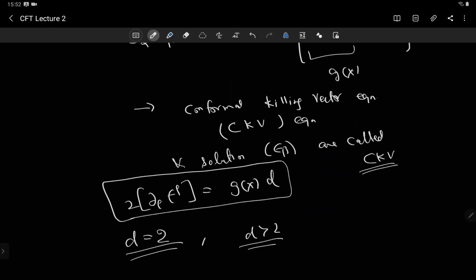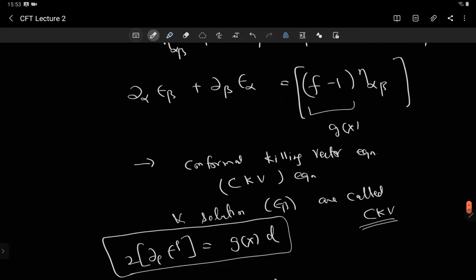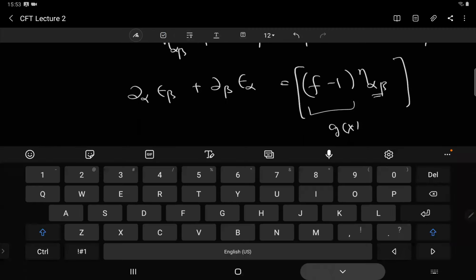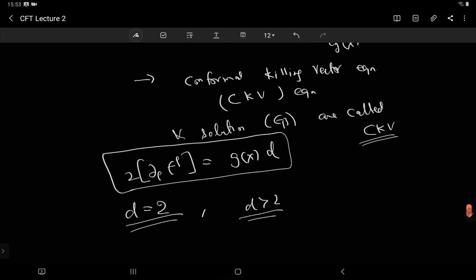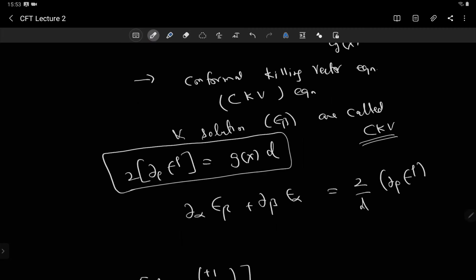You just have to multiply this equation by eta alpha beta, then this will become d, and this becomes 2. So you can rewrite this equation as del alpha epsilon beta plus del beta epsilon alpha is equal to 2 by d del rho epsilon rho eta alpha beta.